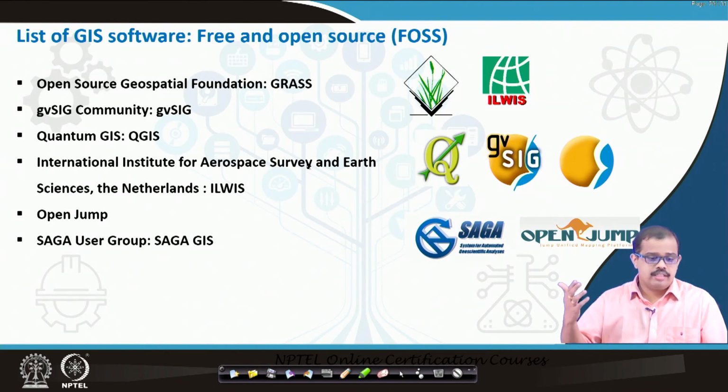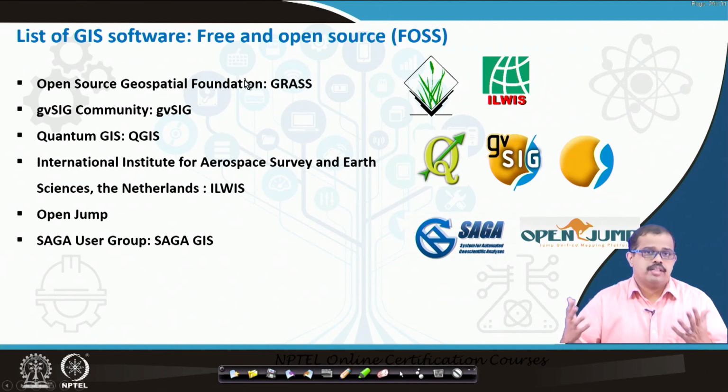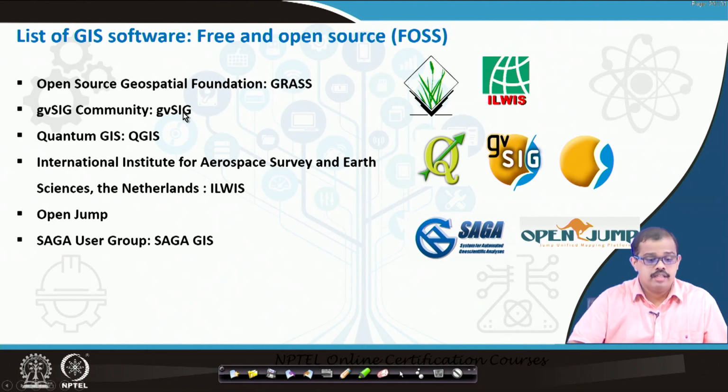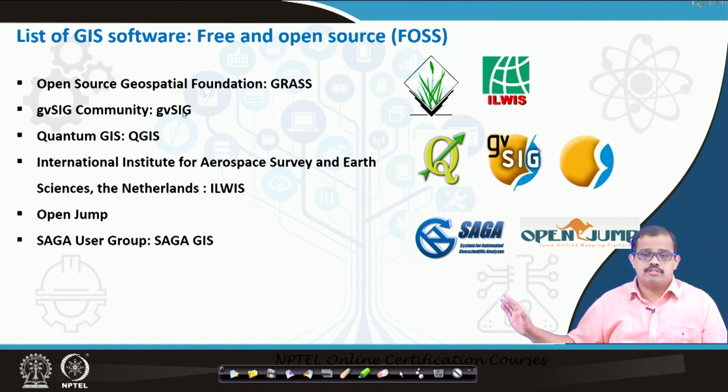The other good software is gvSIG, but it is a very close-ended group, though it can be used for various aspects. Quantum GIS is another software which I would recommend everyone to use here. It has every capability of any commercial software, anything you name it. So Quantum GIS can actually handle that.